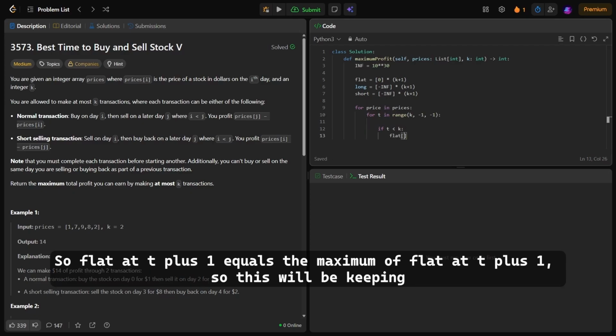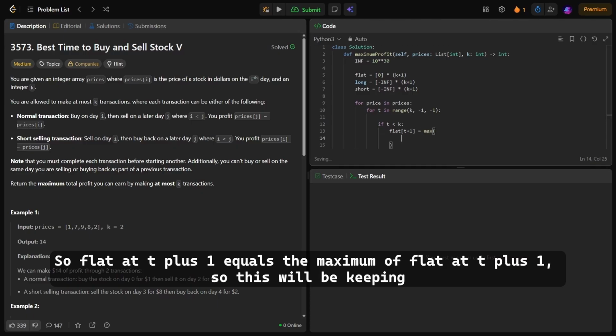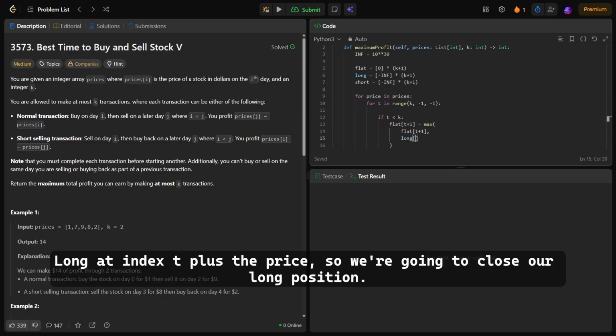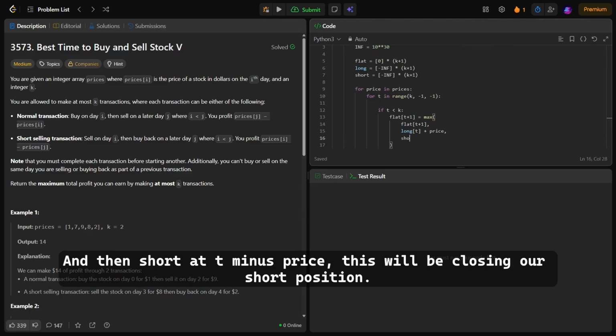So flat[t+1] equals the maximum of flat[t+1], so this will be keeping our previous best flat state, long[t] plus the price, so we're going to close our long position, and then short[t] minus price. This will be closing our short position.